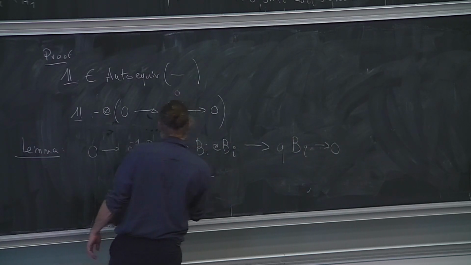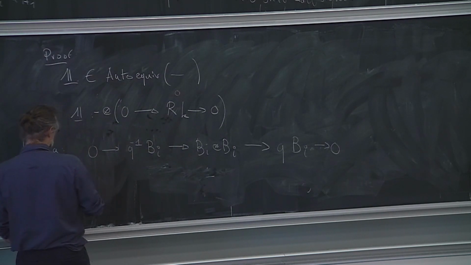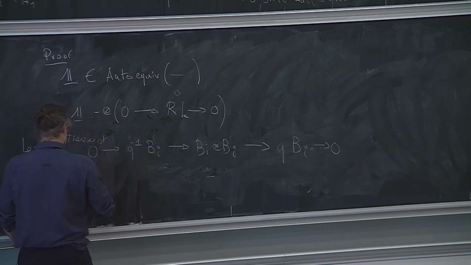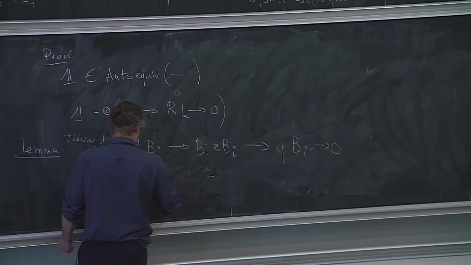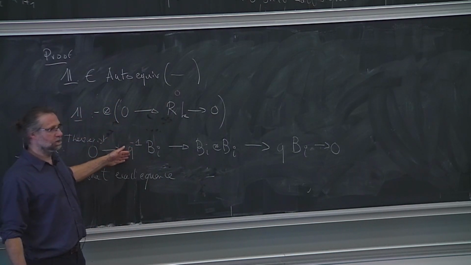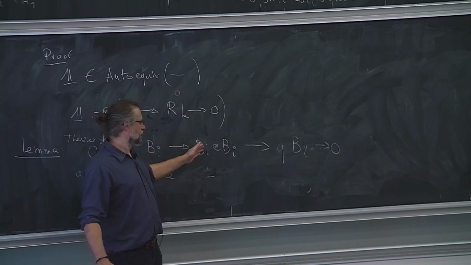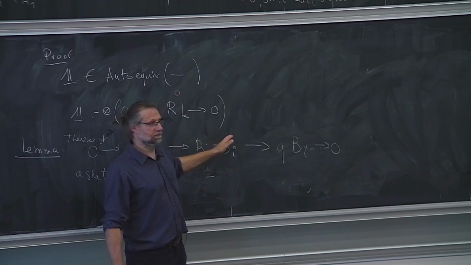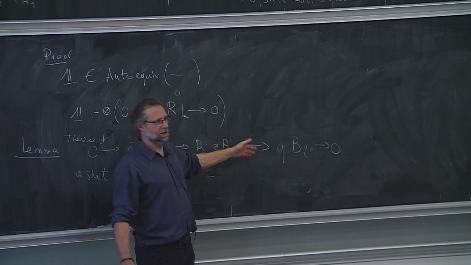I'm pretending that there exists a short exact sequence which looks like this. So you have a way to embed q^{-1} B_i into B_i tensor B_i. There is a surjective map from here to here as well, and the kernel of the one is the image of the other one. And actually, up to multiplying this map by a scalar, there's only one map you can find.